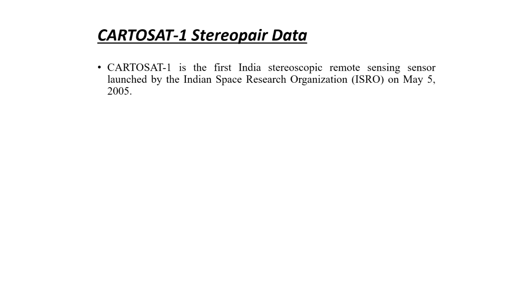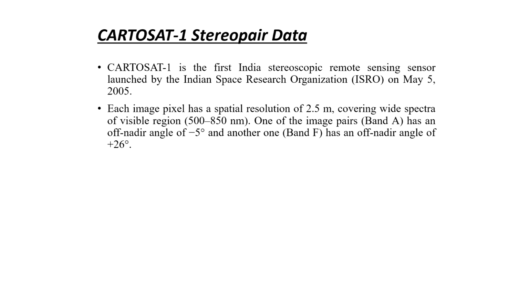Each pixel of this camera has a high spatial resolution of 2.5 meter, covering the visible region of 500 to 850 nanometer.